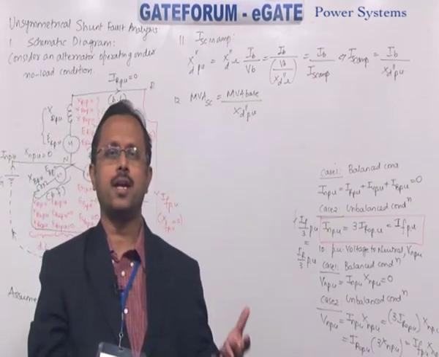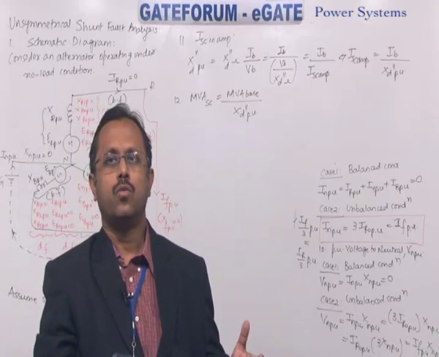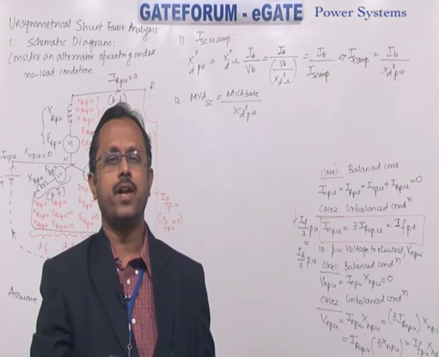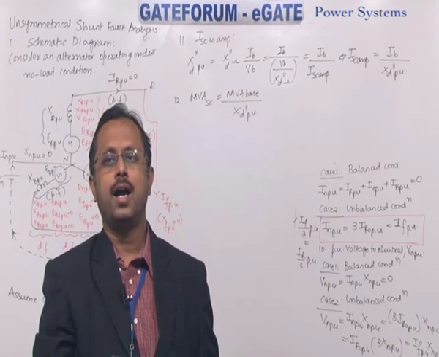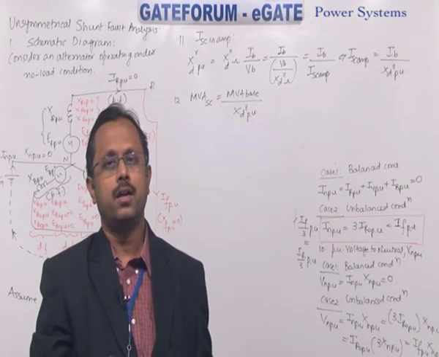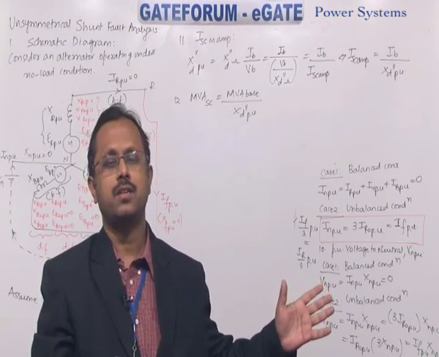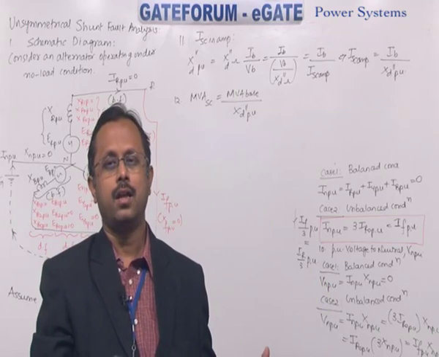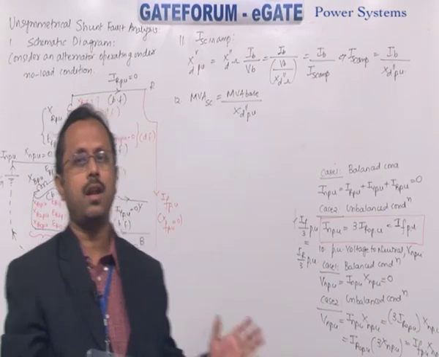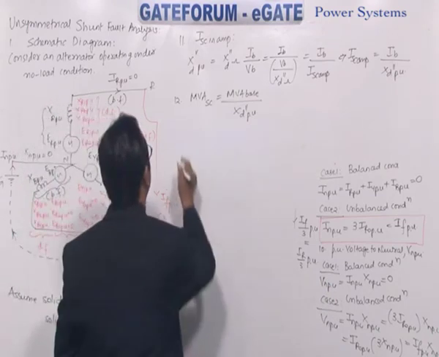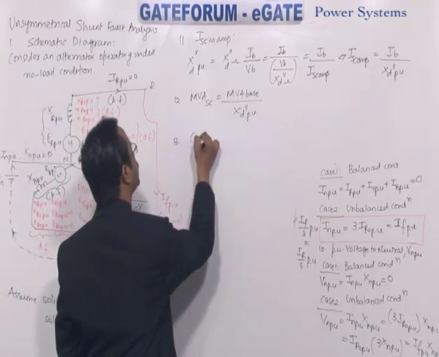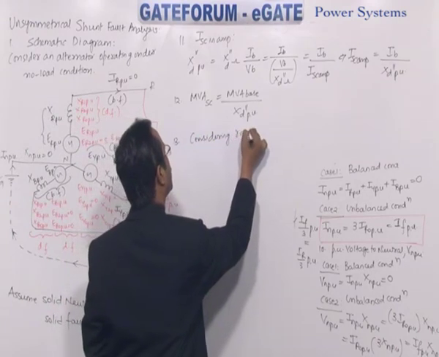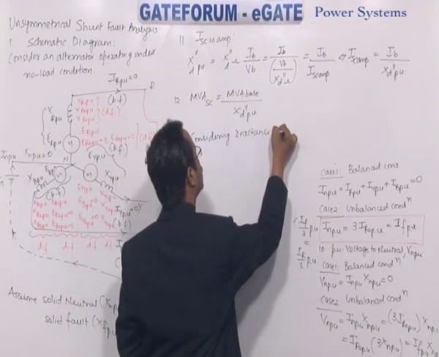Now we have to analyze the subtransient reactance considering reactance neutral and reactance fault. Till now our analysis was with solid fault and solid neutral. Now you consider reactance neutral and reactance fault.